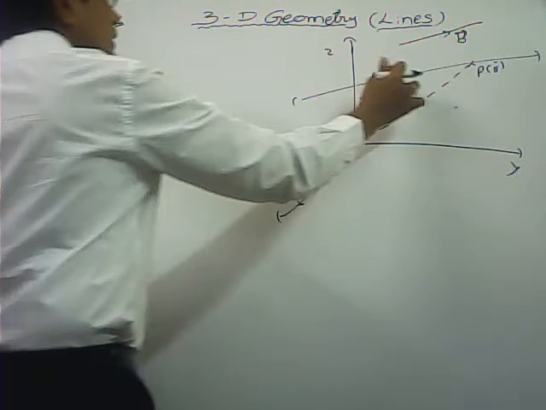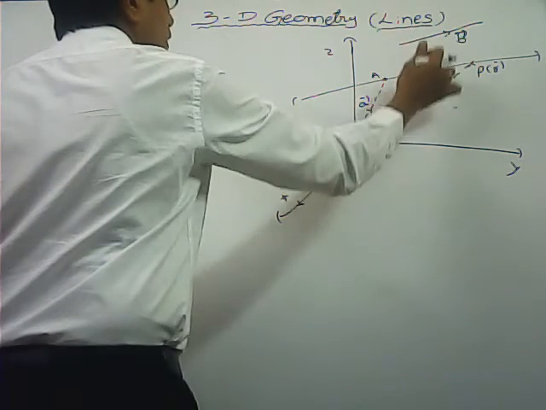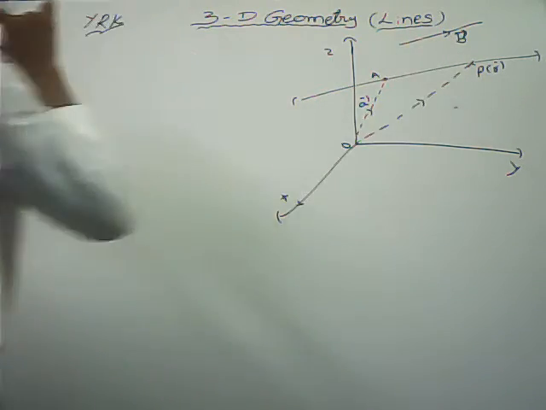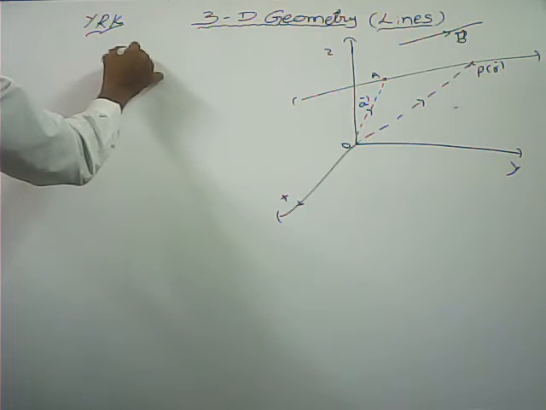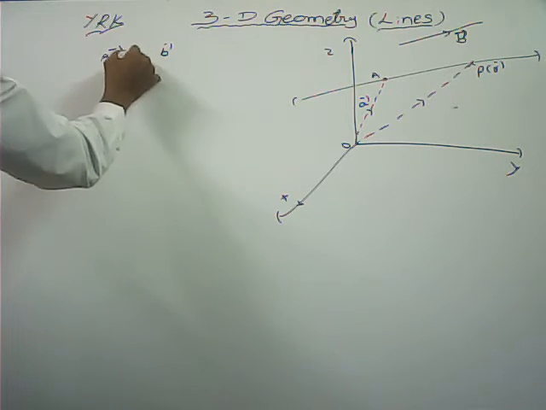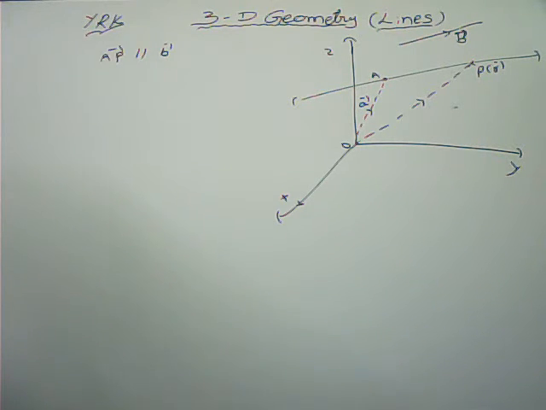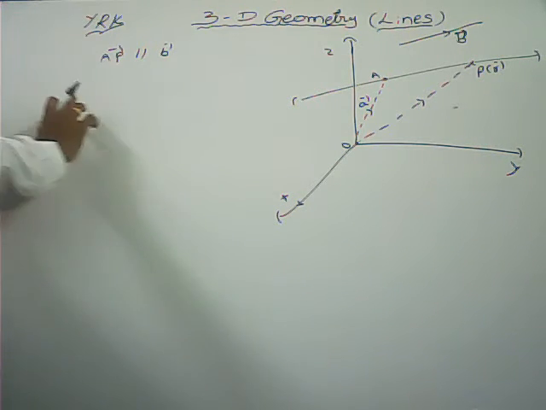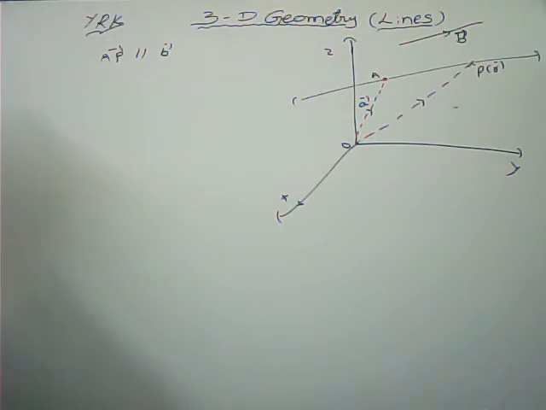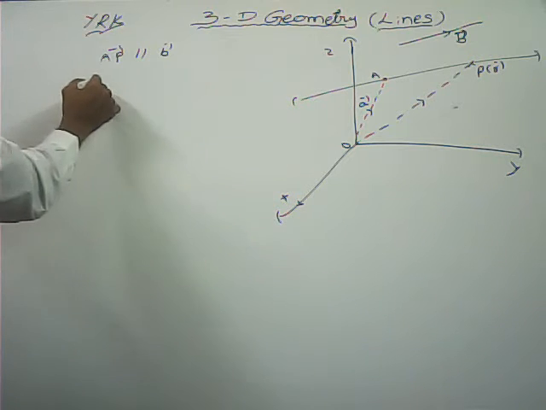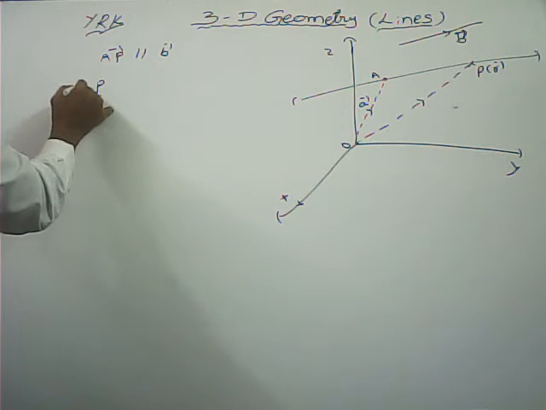Now here B bar is a vector parallel to the given line. So here AP bar and B bar both are parallel. If they are parallel, AP bar is one of the vectors, and B bar, if two vectors are parallel, we can express one vector in terms of another vector by multiplying with a scalar.